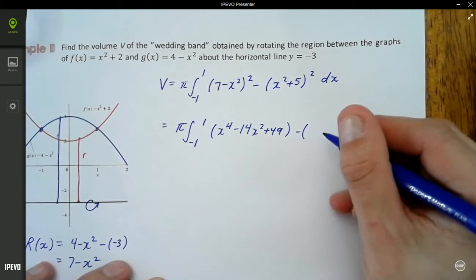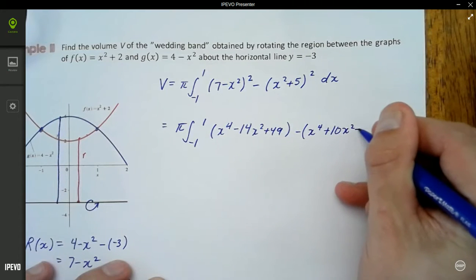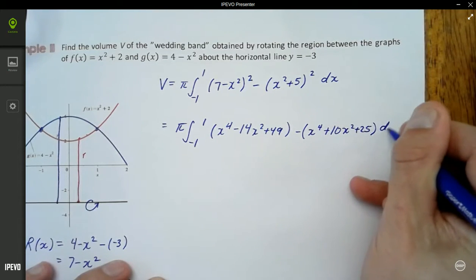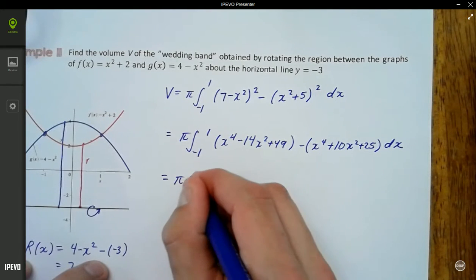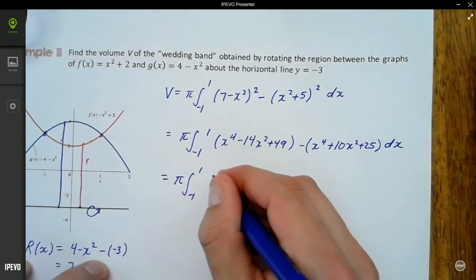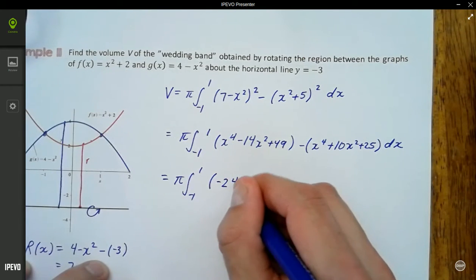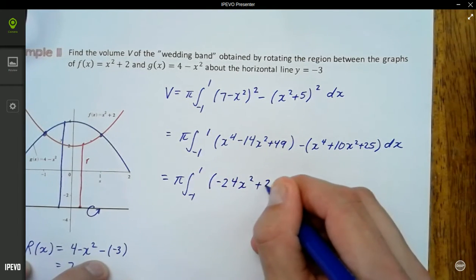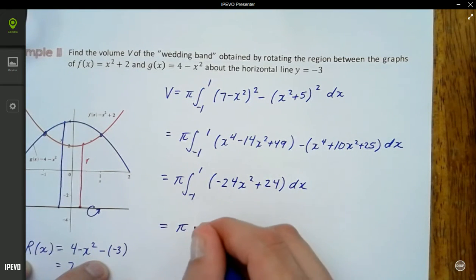And when I do that, I get x to the 4th plus 10x squared plus 25. And that's all integrating with respect to x. By combining like terms, from negative 1 to 1, I get negative 24x squared plus 24, all dx.